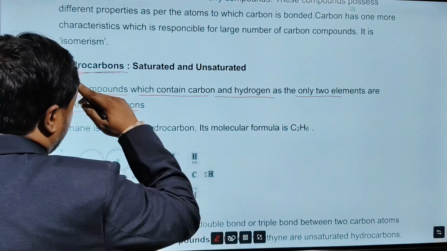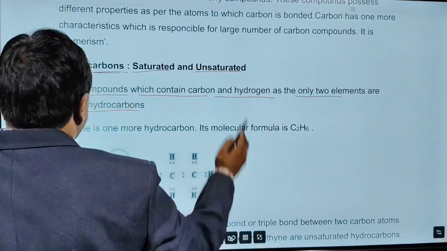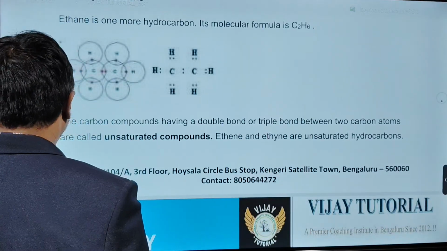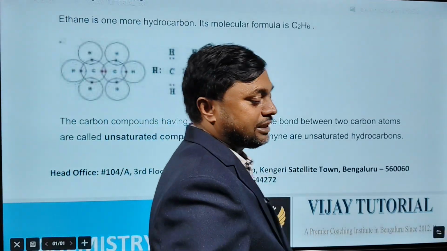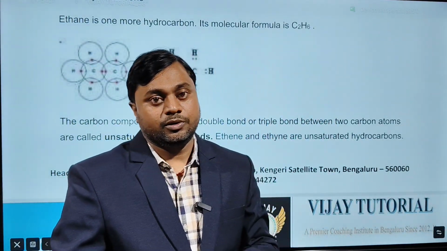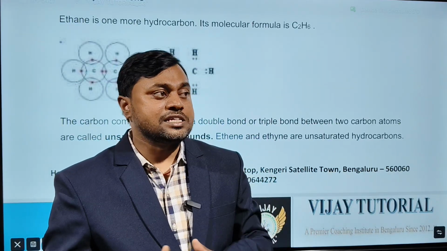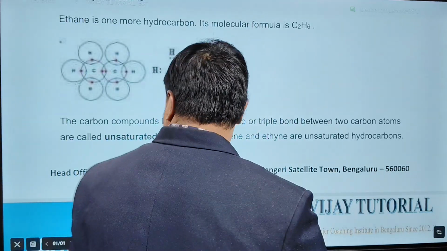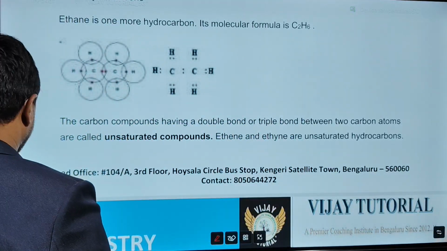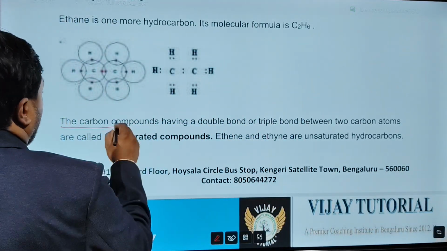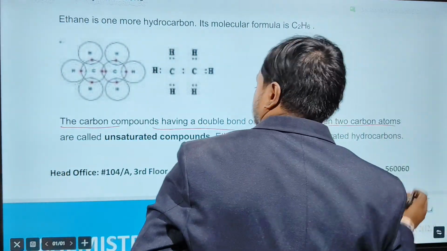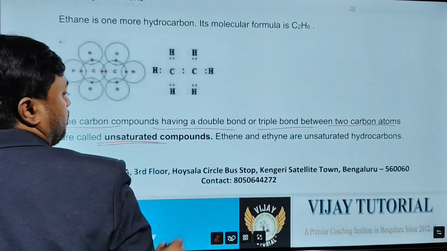So we have two types, saturated and unsaturated. What is saturated? Saturated hydrocarbons contain only single covalent bonds. Unsaturated means it contains a double bond or triple bond. So let's discuss. The carbon compounds having one double bond or triple bond between two carbon atoms are called unsaturated compounds.